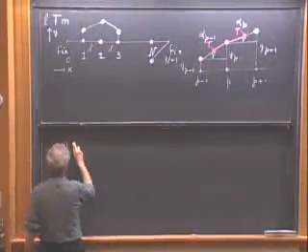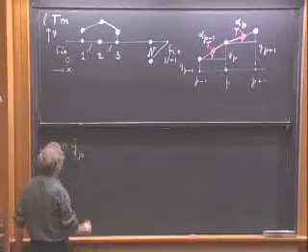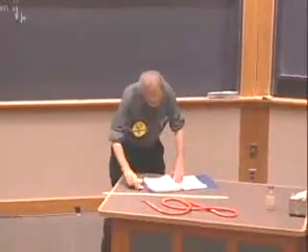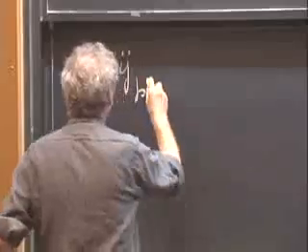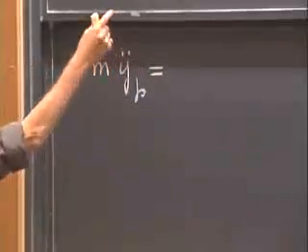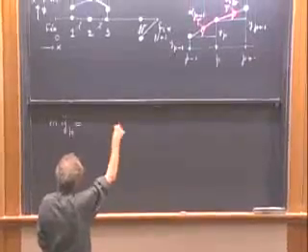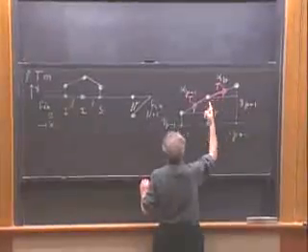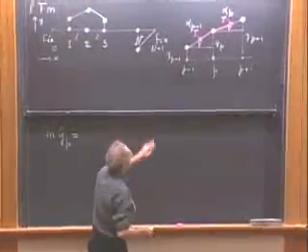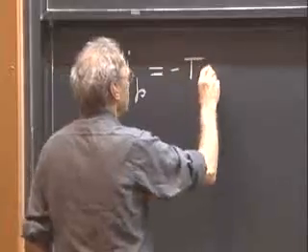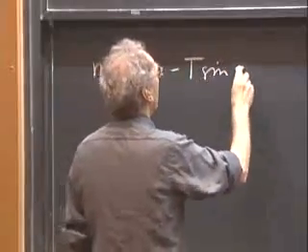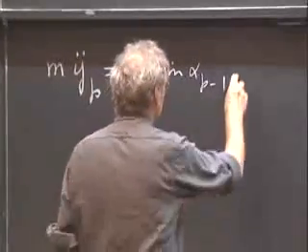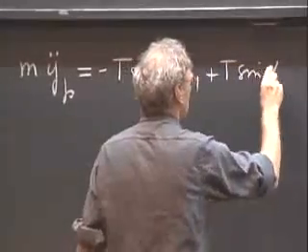And so I get m times the second derivative, d²y/dt², of that position P. And I see I have one component that drives it down. That is due to this tension. And then I have one that drives it away from equilibrium. And so I'm going to get minus T times the sine of alpha_{P-1}, and I get plus T times the sine of alpha_P.